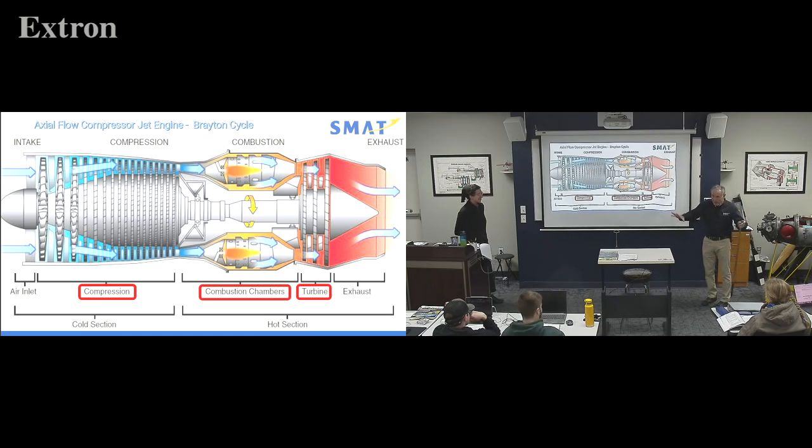Well, we have to drive the compressor, so we put windmills in here. Put a windmill up there, capture the wind, mechanical energy to turn a mill or pump water. So we're putting turbines in here to extract the energy to drive the compressor. That's the way it's self-sustaining. It keeps it working.